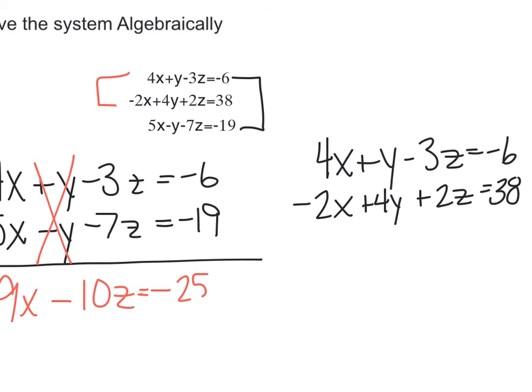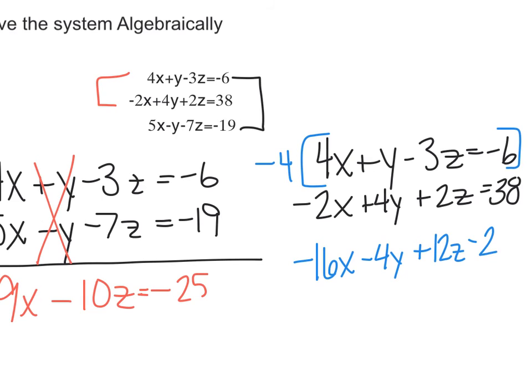Now remember, my goal is to eliminate the y's. So I need to see the same coefficient but different by a negative. So I think I can just multiply this first row by -4. That would get me -16x minus 4y plus 12z equals 24. And I'm going to keep the second row as is. Basically, it's like multiplying by a +1.